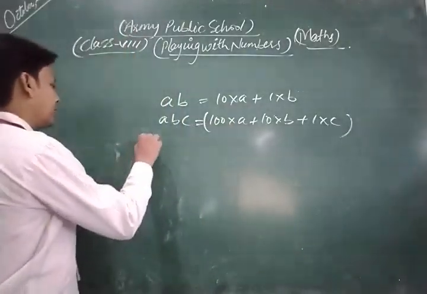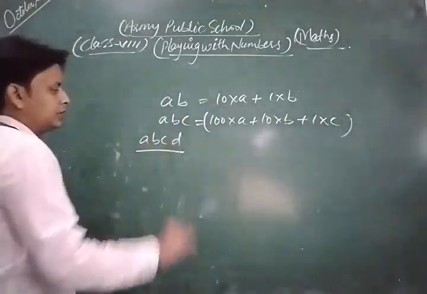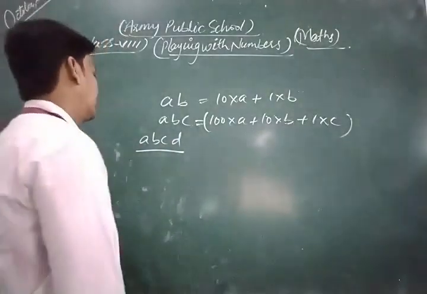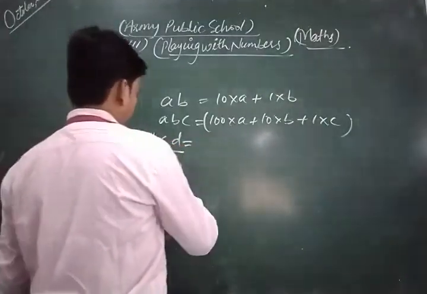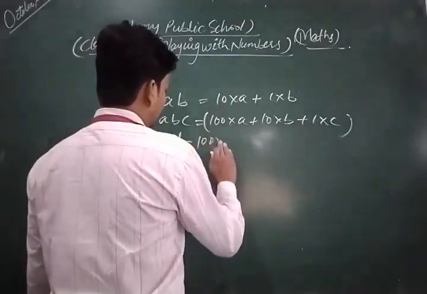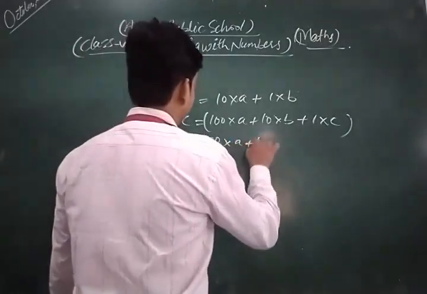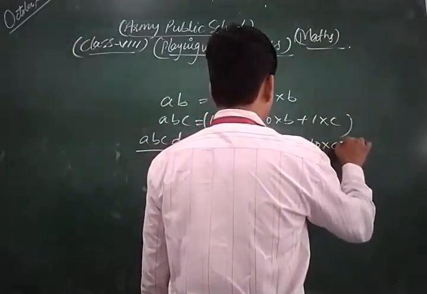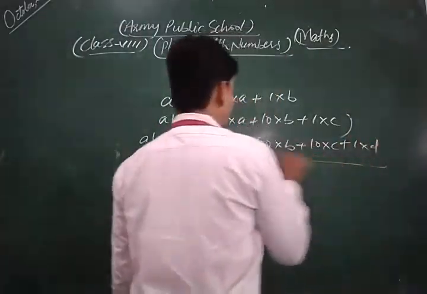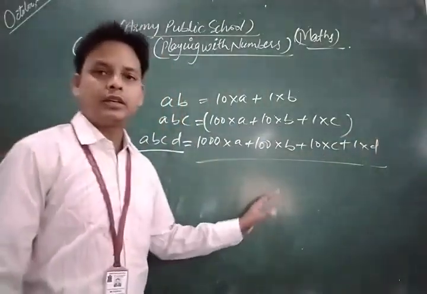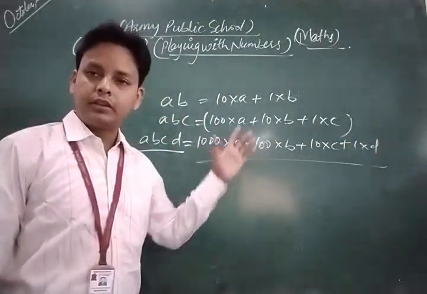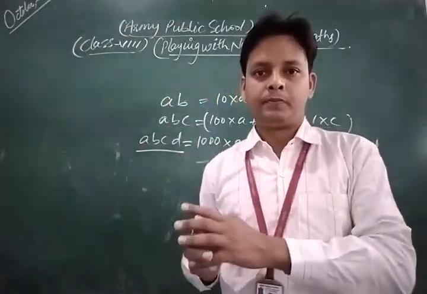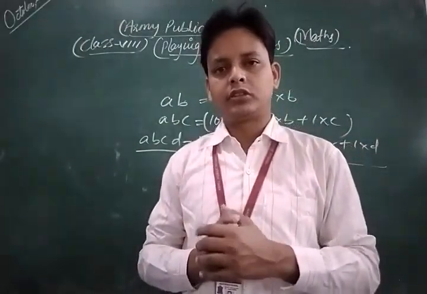Similarly, suppose we have a four digit number abcd, and if we write it in generalized form, then we can write 1000 into a plus 100 into b plus 10 into c plus 1 into d. In this way you can write each of these types of numbers in generalized form. So in the previous class we discussed that concept, which is one of the most important concepts of your syllabus.